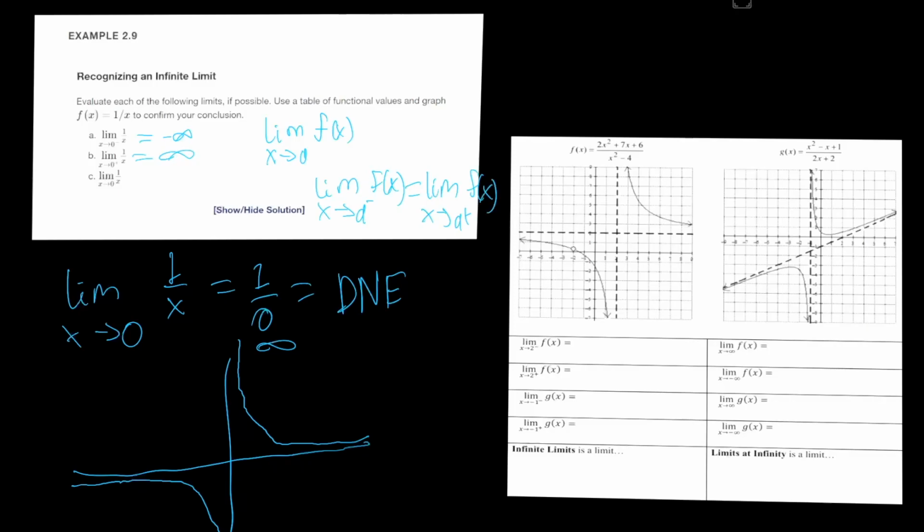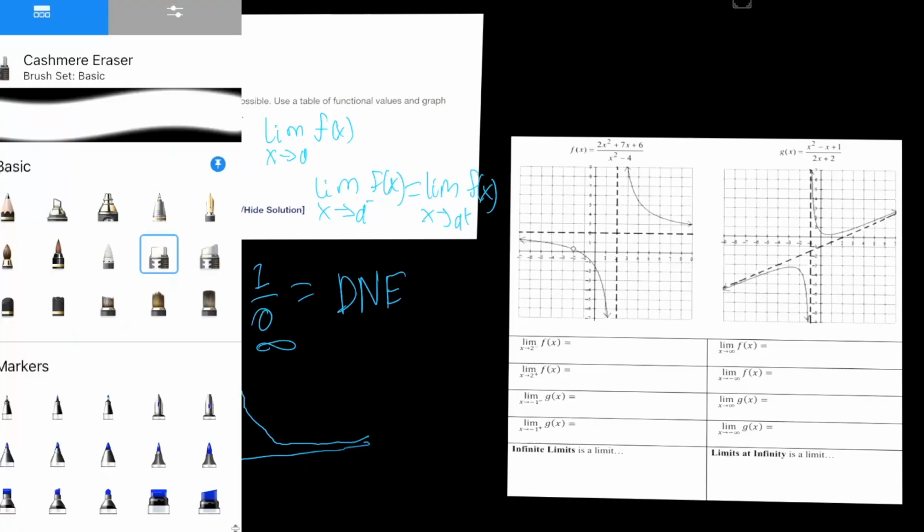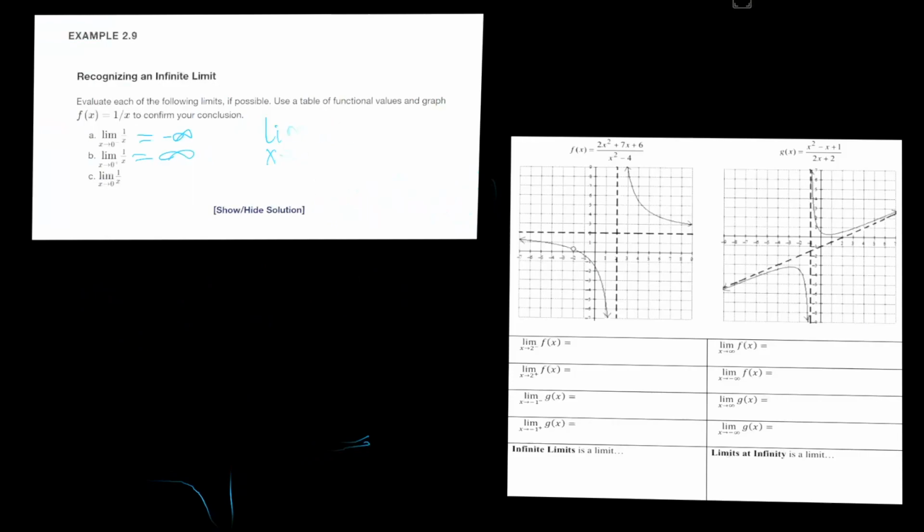In this case, in the graph, we can see that when approaching from the left side, it's going to negative infinity, and when approaching from the right side, it's going to positive infinity. Those are not the same, which means that the limit does not exist. That's how you find it graphically.